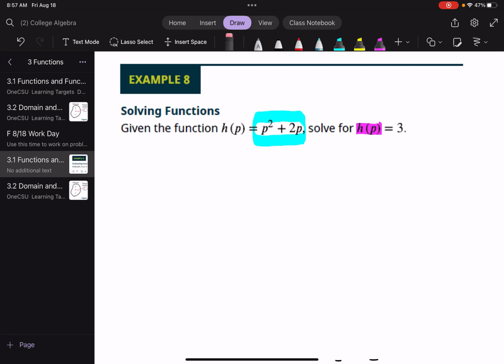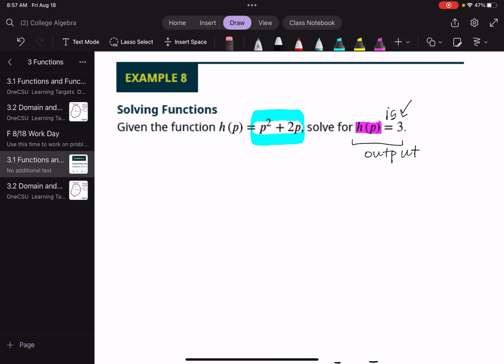This is the output, and the output is 3. Sorry, I misspoke. Forgive me, I'm sick. So this is the output of the function. And remember, when we have some sort of equivalence like this, it's saying in plain English that h of p is 3 in this case. So I can just replace this h of p with this 3.